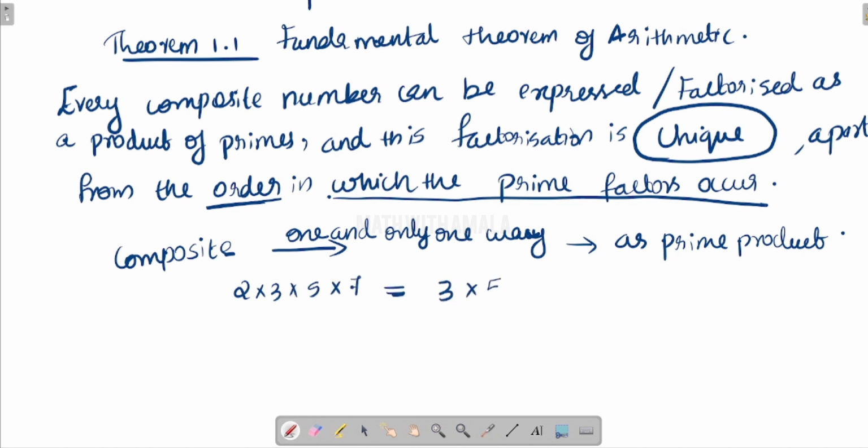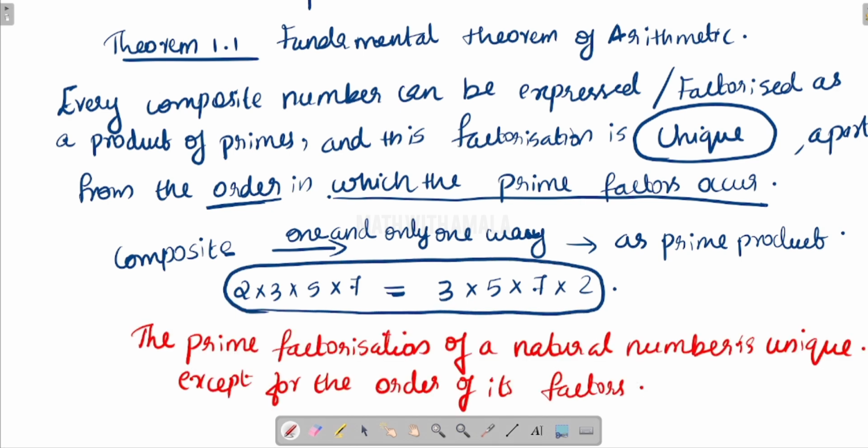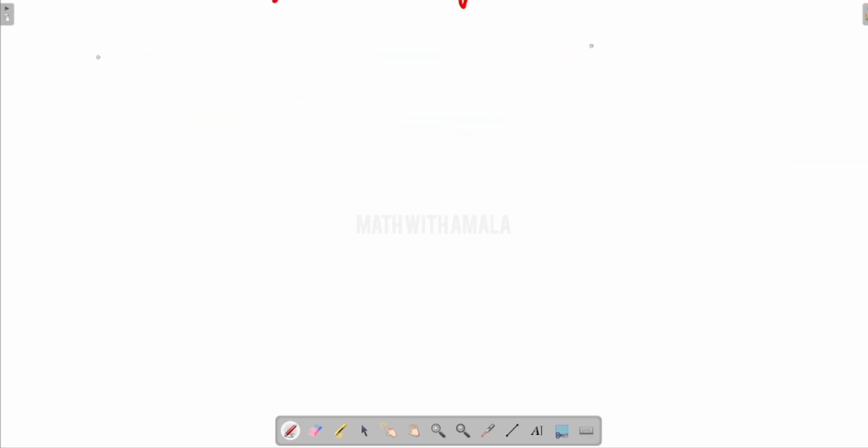If we change the order, like 3 into 5 into 7 into 2, this is actually the commutative law. Since multiplication holds the commutative law, these two are equal. Even if the order is changed, the LHS and RHS are the same. So you can say the prime factorization of a natural number is unique except for the order of its factors.